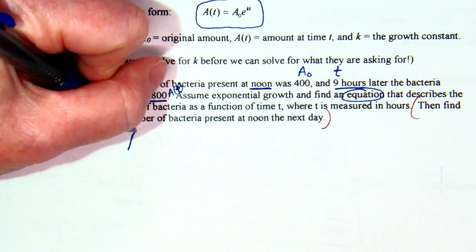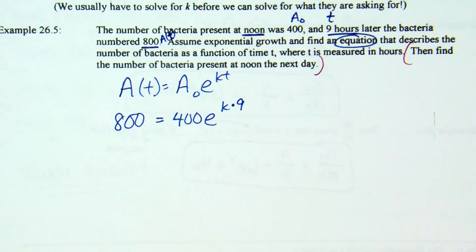Fill in what you can, which if we've done this correctly, we can fill in everything but k, because we're finding k. So A of t is the amount, 800. A naught, we said 400. E to the k that I don't know, and t.